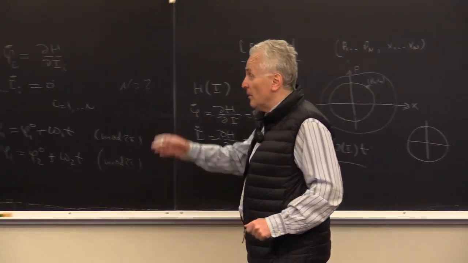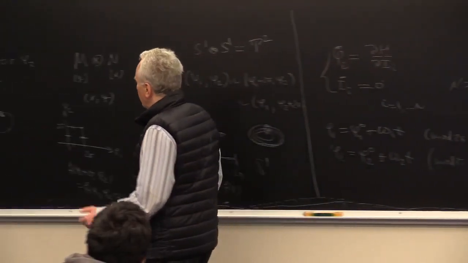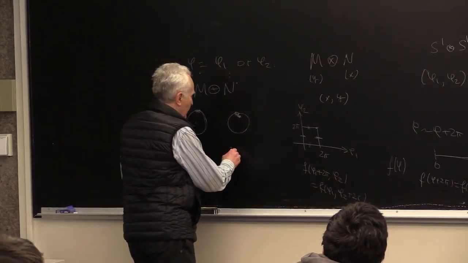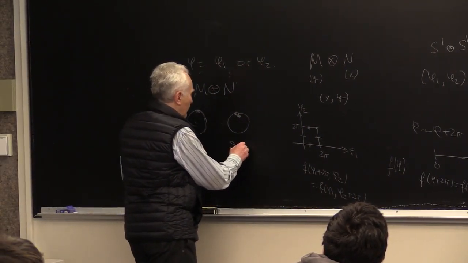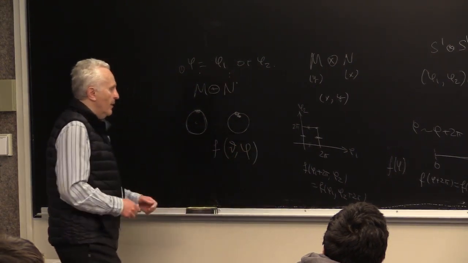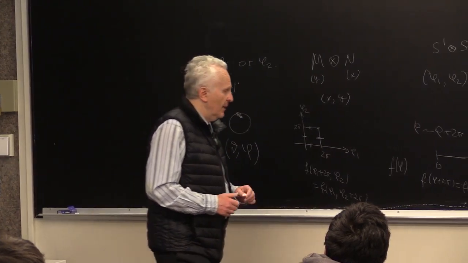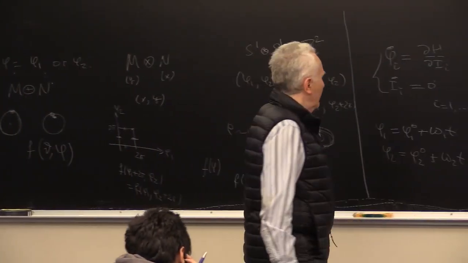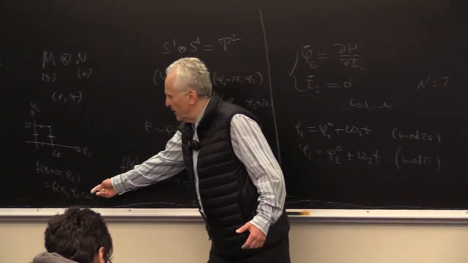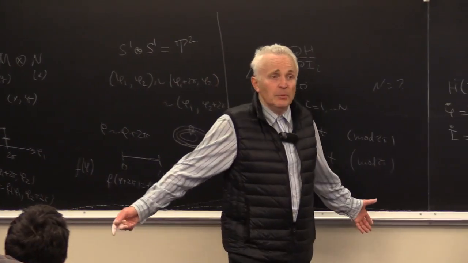A sphere. On a sphere you have two angles, the azimuthal angle and the polar angle, and so you have to consider functions f of theta and phi. But for a sphere, if you simply demand periodicity, it will be something wrong.